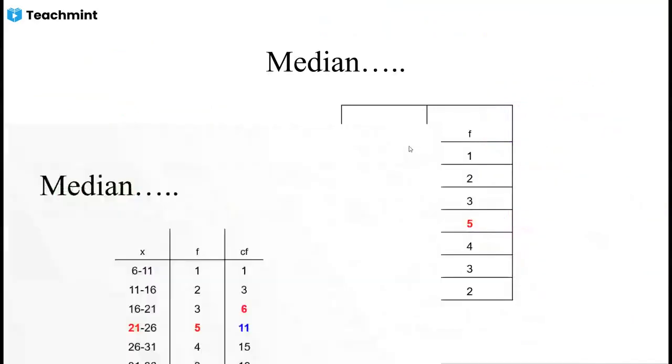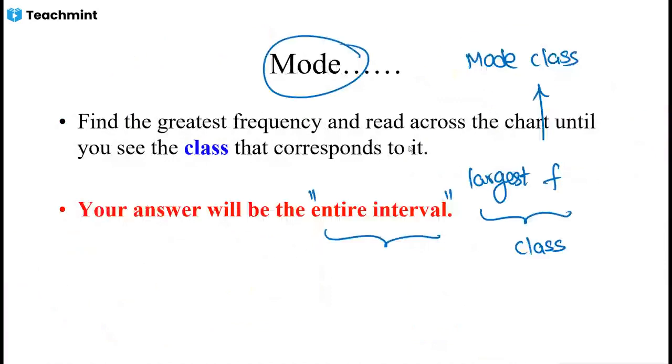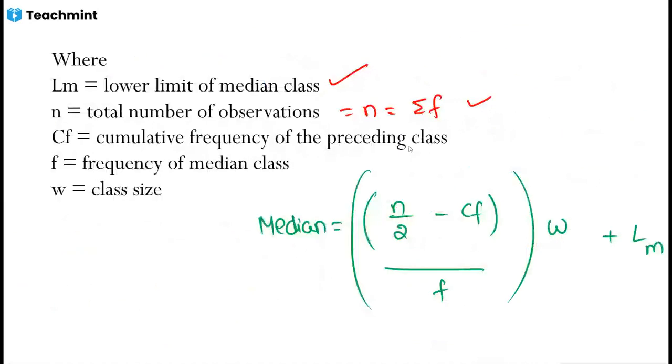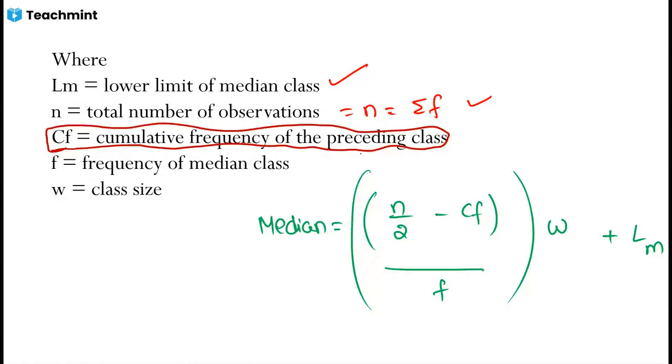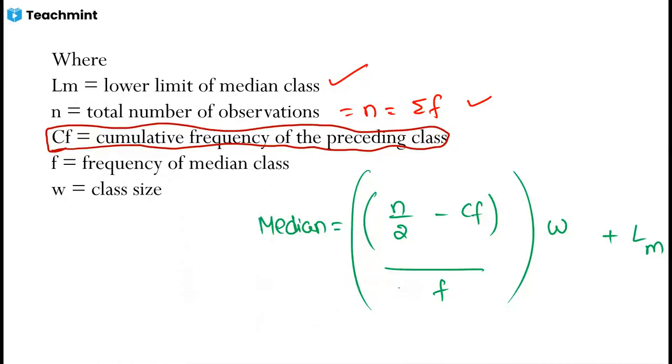I mentioned clearly in the formula: CF is the cumulative frequency of the preceding class. For the median class, not the current one, the preceding class's cumulative frequency we need to consider.